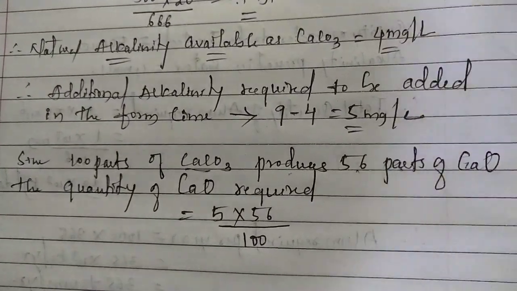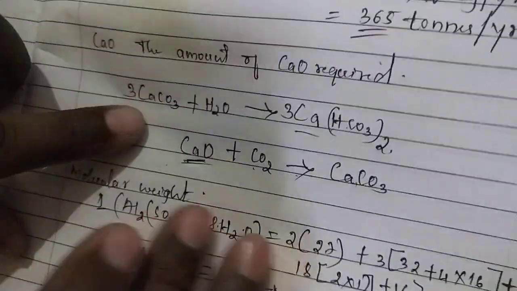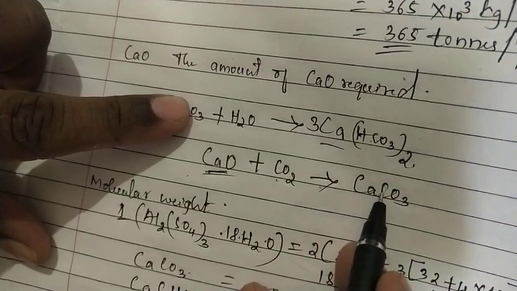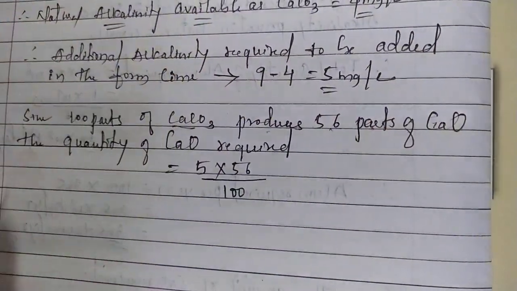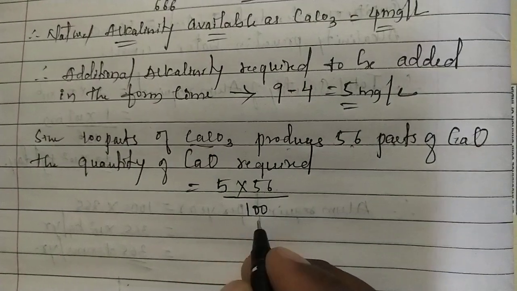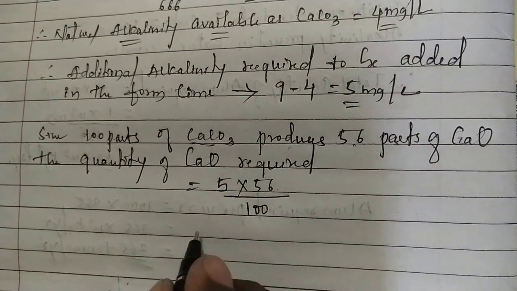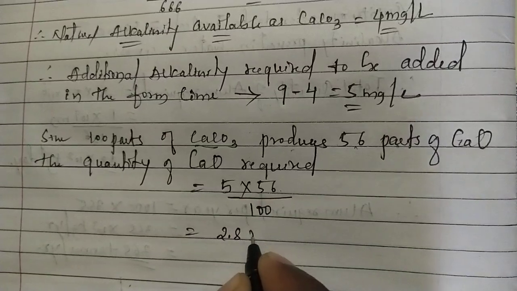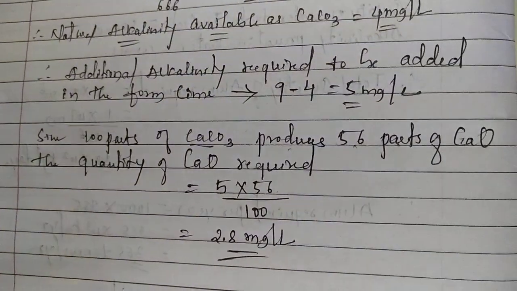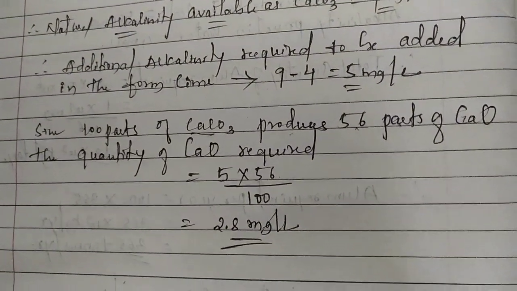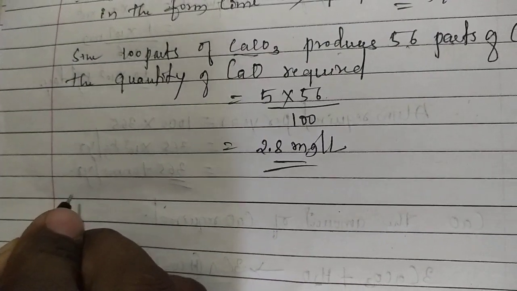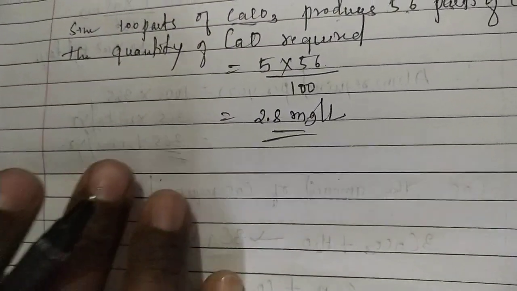That is what we discussed in the last class, the equation where 1 mole will produce this calcium carbonate, right? So for that reason we can use it, and 5 mg per liter of alkalinity we are going to add to this raw water. For that reason 5 into 56 divided by 100 parts of calcium carbonate, you will get 2.8 mg per liter. So this much quicklime you have to add to the water sample, but in the question it is given as 88% calcium oxide.